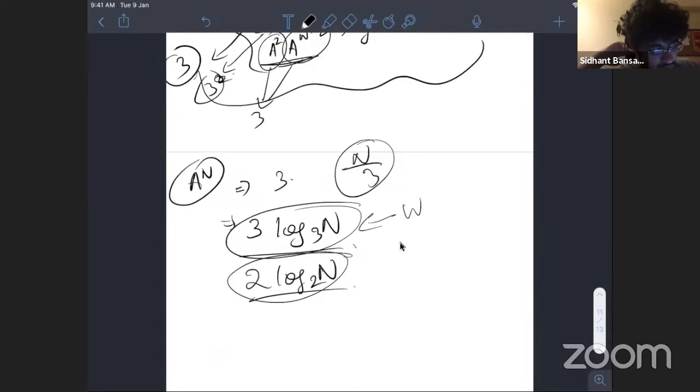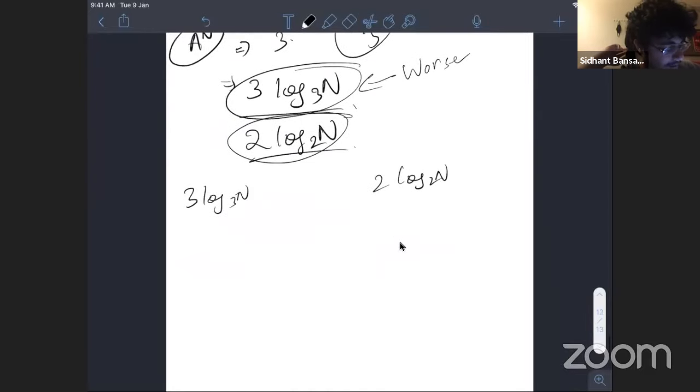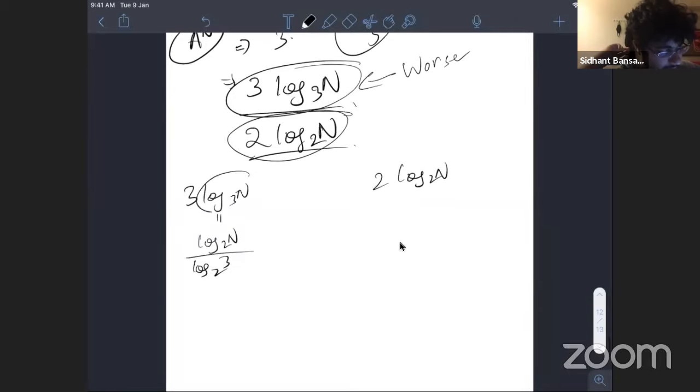And this is worse. The comparison is simple. Pick 3 log n base 3 here, 2 log n base 2 here. Now you need to know some logarithm properties. Example, this thing is going to be written as log n base 2 upon log 3 base 2. This thing can be written as this thing. It's the same. So this thing is this thing versus 2 log n base 2.